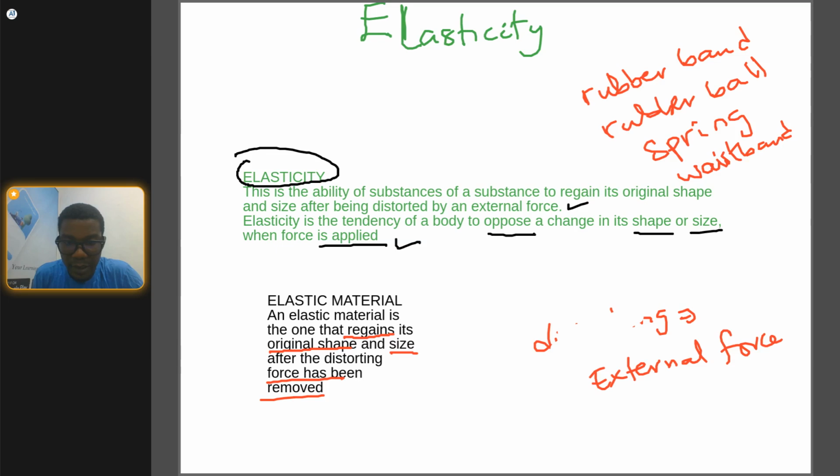Elasticity and plasticity, that is what we want to consider now. What is the difference? We need to get the difference between both terminologies.